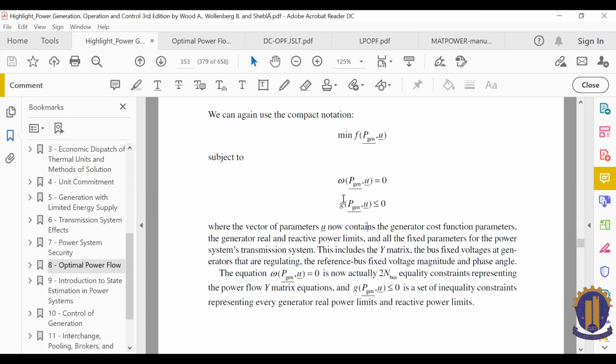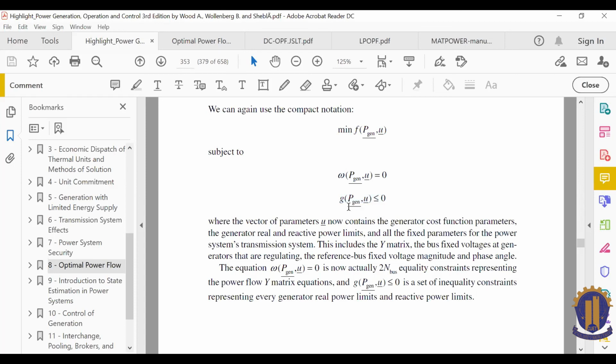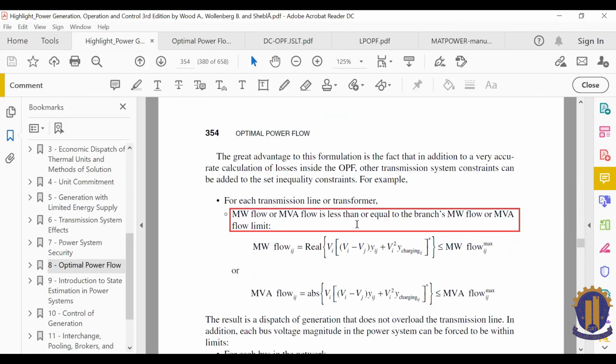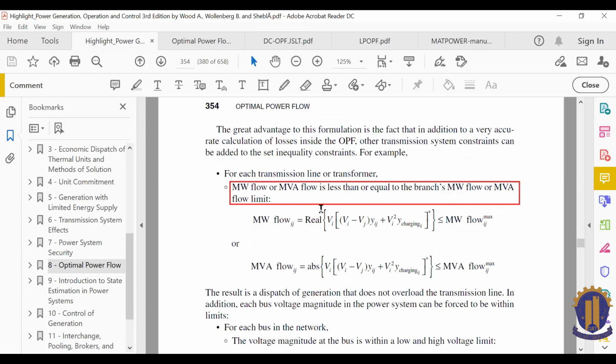These are a few more inequality constraints. Earlier, in the economic dispatch problem, we only considered the generation lower limit or upper limit, but additionally we are now considering the transmission line maximum limit plus the voltage limit. In this way, we are considering the inequality in its shortest form. This is the short form.